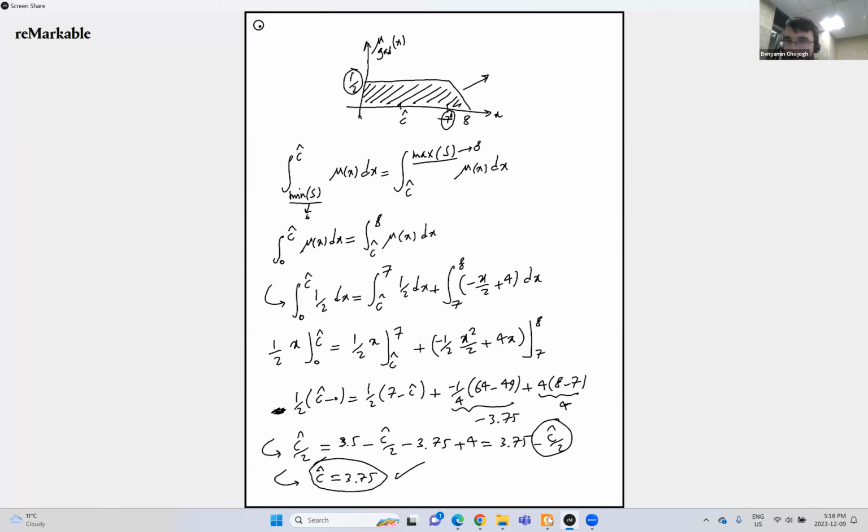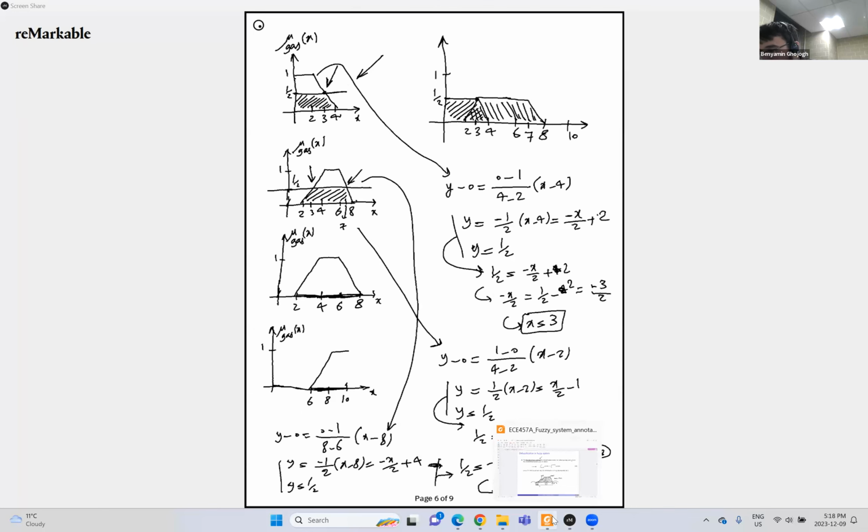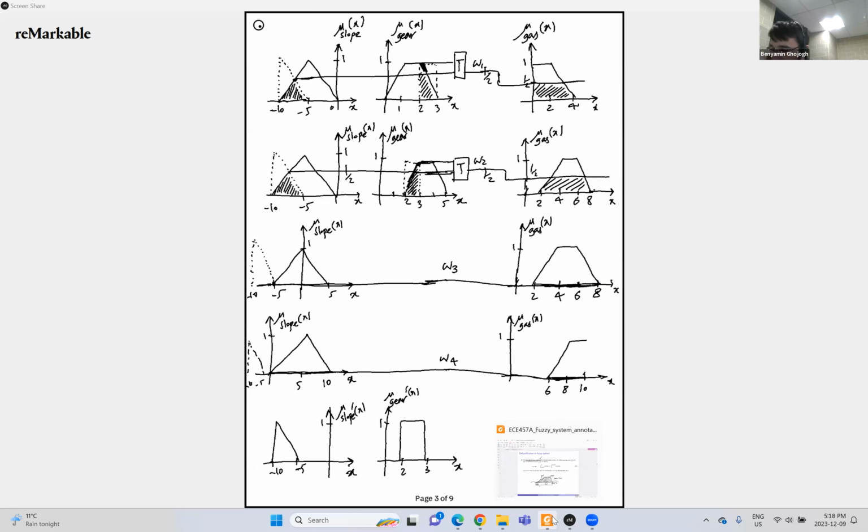Anyways, so I solved some defuzzification for you too, and now what if we want to do Sugeno or Tsukamoto? Then what happens? Can I copy the whole thing here?